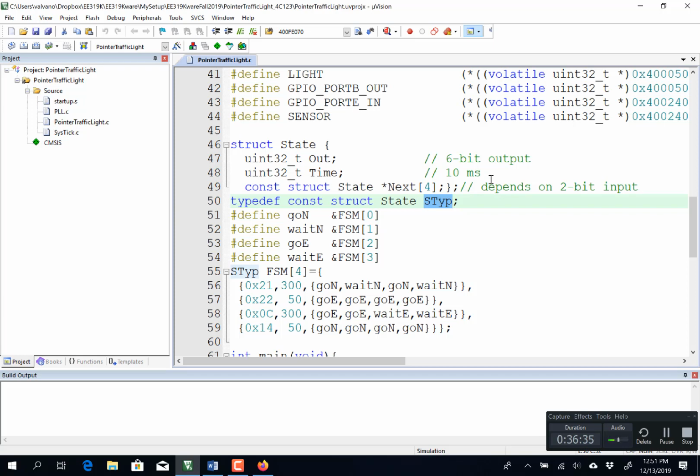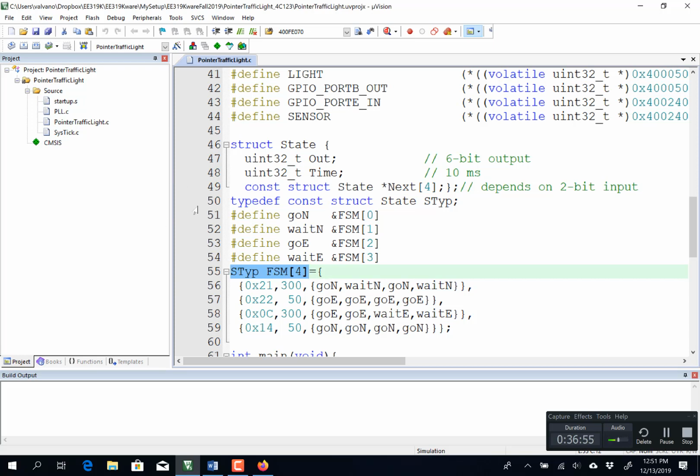I can use it before a variable, like right here, I used it before this array definition. There are four things of type S-type, state type. So STYP is a type.